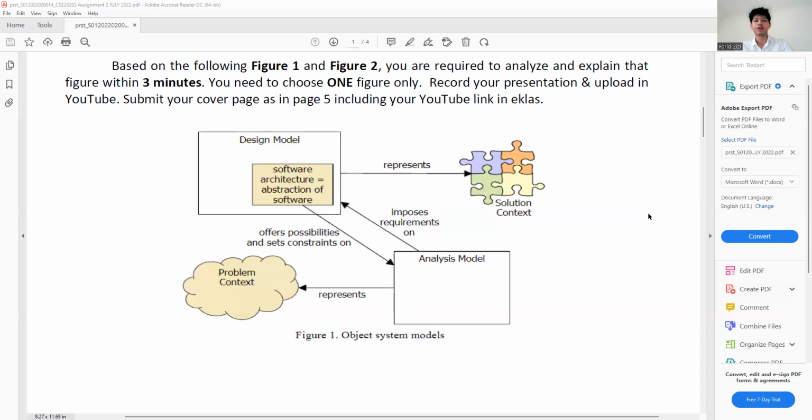Then we have the solution context, which identifies critical aspects of the operation environment. The solution provides an essential understanding of requirement, usage, installation, operation support, and the solution itself.